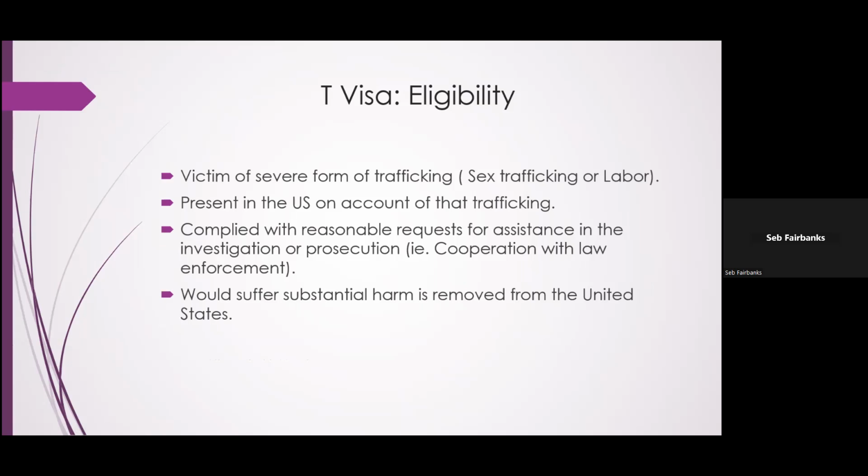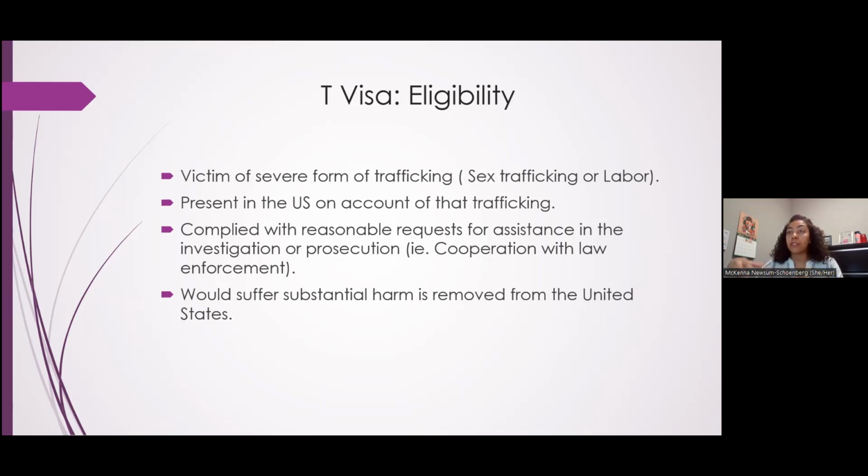First of all, you have to establish that you have been a victim of a severe form of trafficking, and that is either sex trafficking or labor trafficking. As Carmen said, there's various different terms that people identify with and use, and for the purpose of this presentation today, we're going to use the language that USCIS uses, which is victim.